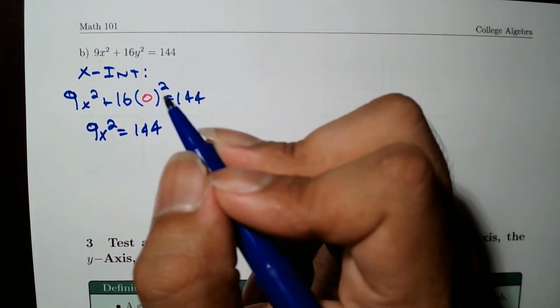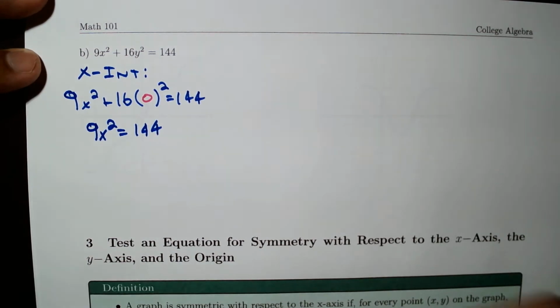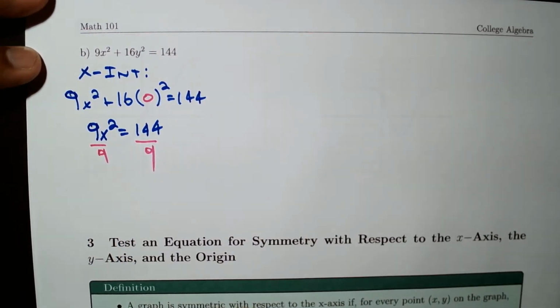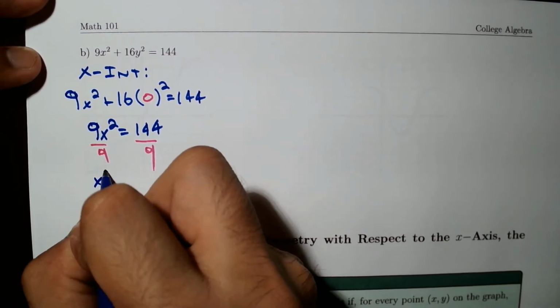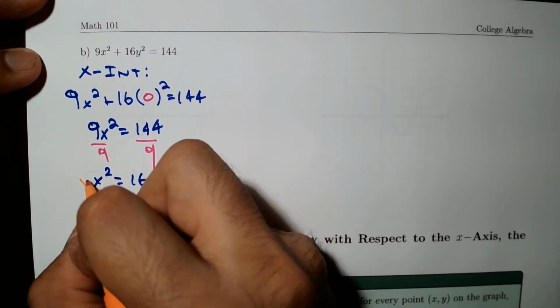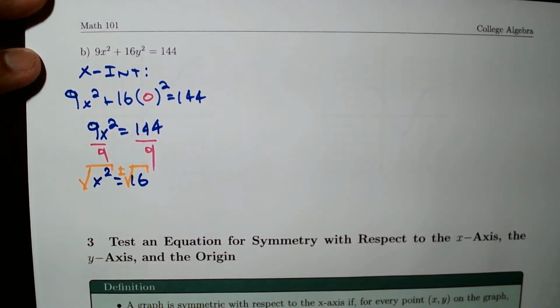Alright, so 144 divided by 9, we get 16. x squared equals 16. And keep in mind that to get x by itself, take the square root on both sides. Don't forget the plus or minus here.